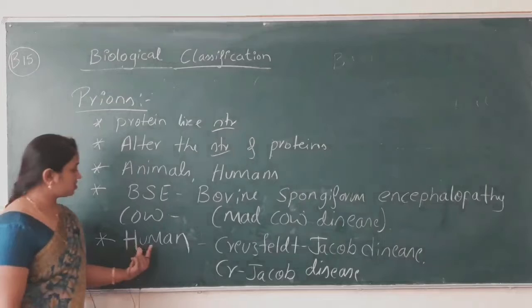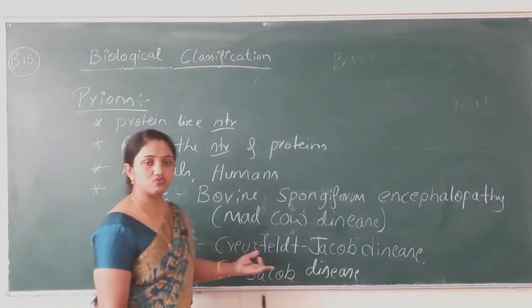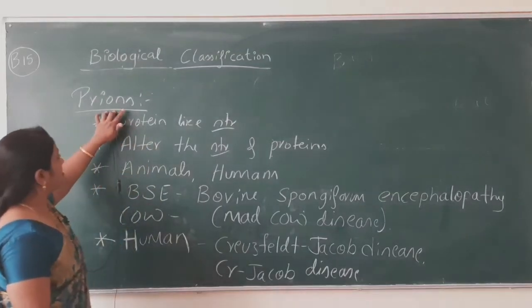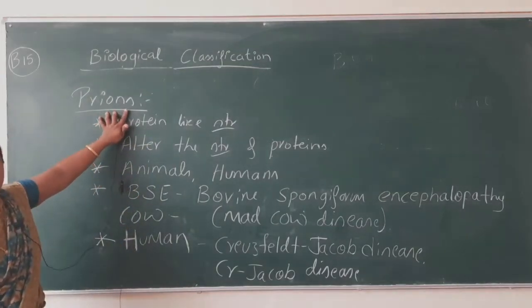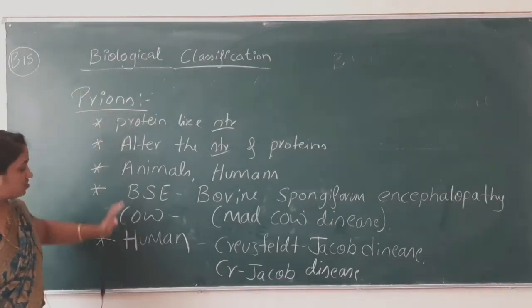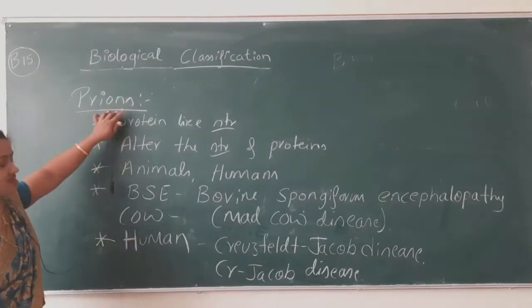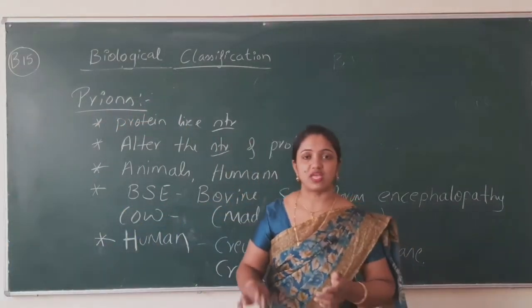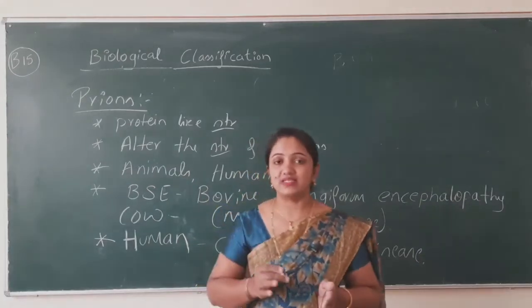Okay, so humans too can suffer from the diseases caused by the microorganism known as prion. How will it enter inside the human body? Maybe these proteins, or in the NCERT book they have called the prions agents.